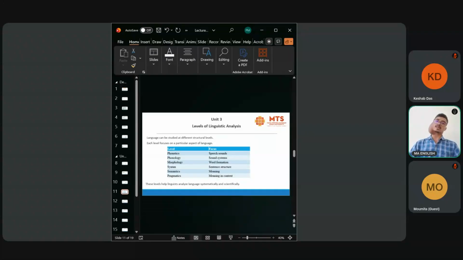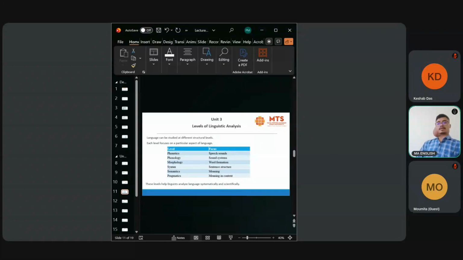So linguistics studies language by examining each of these levels separately, and then understanding how the levels interact with each other. Now let us go through these six major levels shown here.